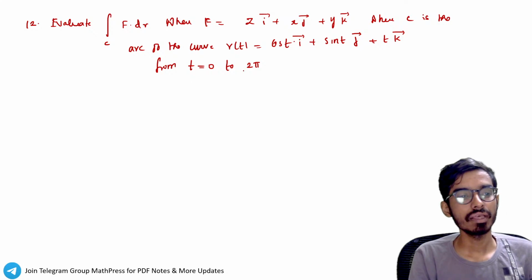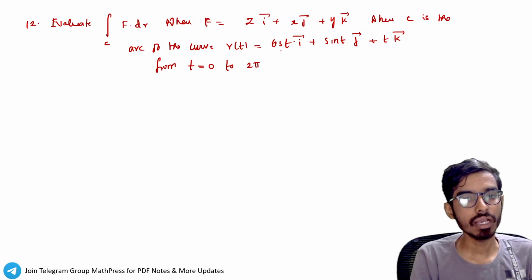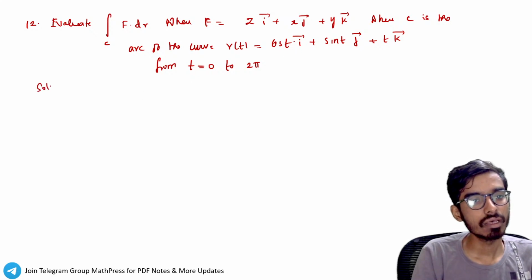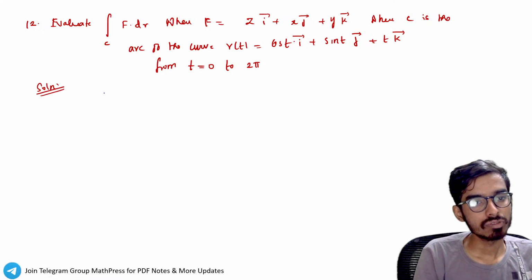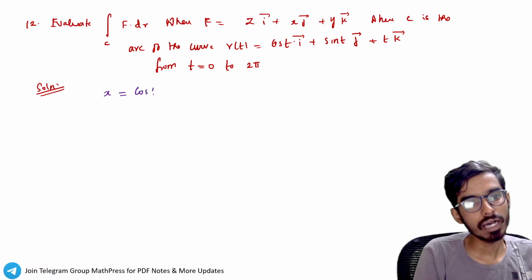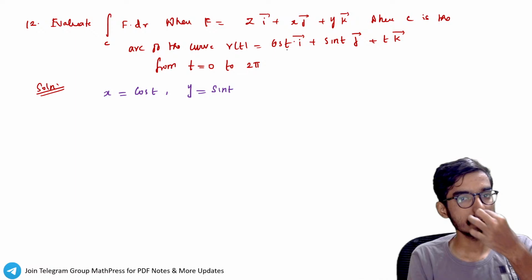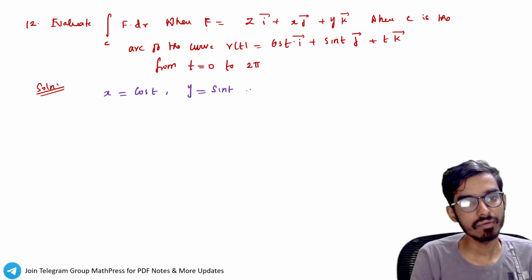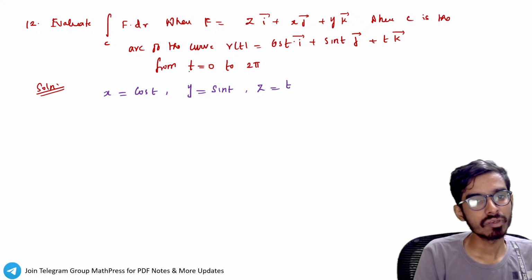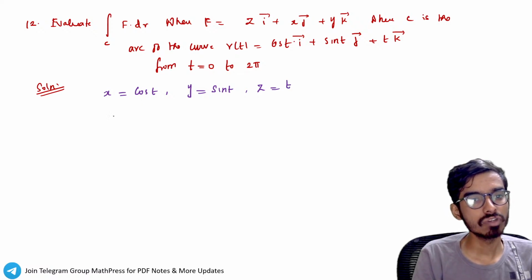So they have given x to be cos t, y to be sin t, z to be t, right? Because r of t is x of t i vector, y of t j vector, z of t k vector. So t varies from 0 to 2 pi.